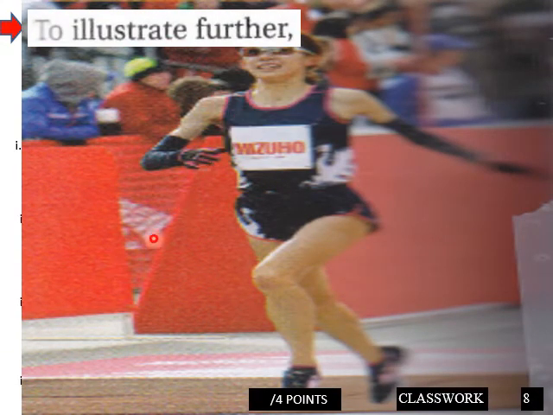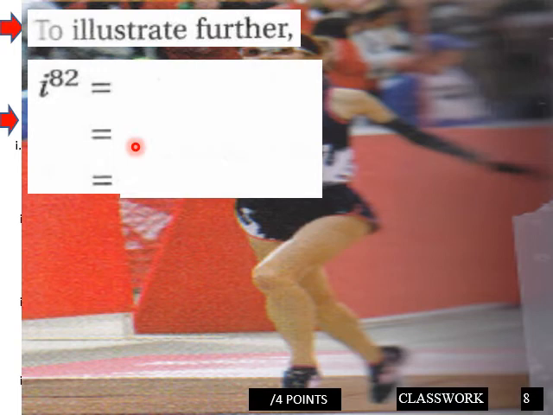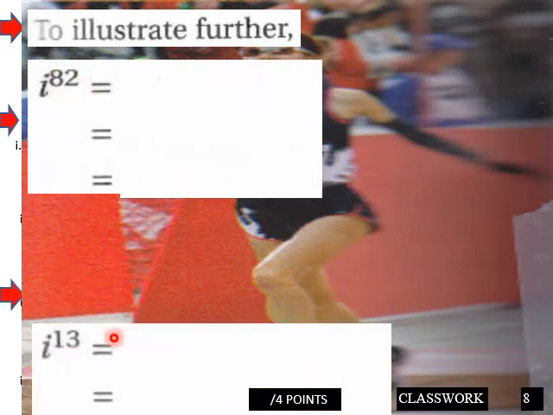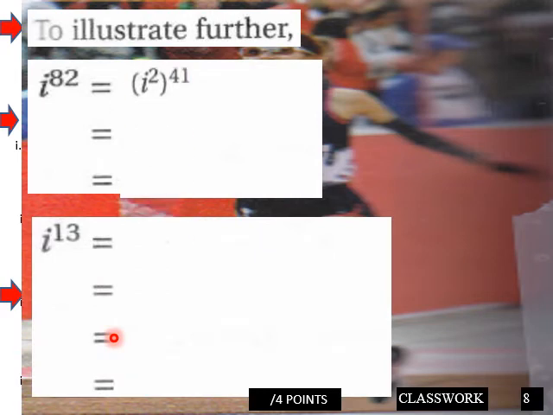To illustrate further, we have i to the 82nd power. How would we simplify that? We factor out an i squared, and that would be to the 41st power there. And then i squared would be negative 1 to the 41st power.